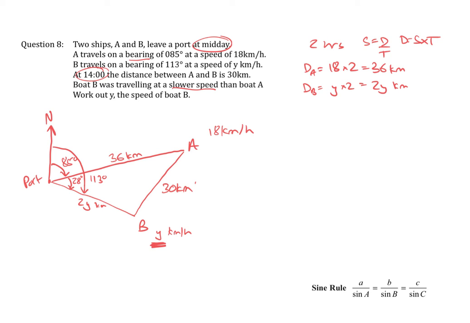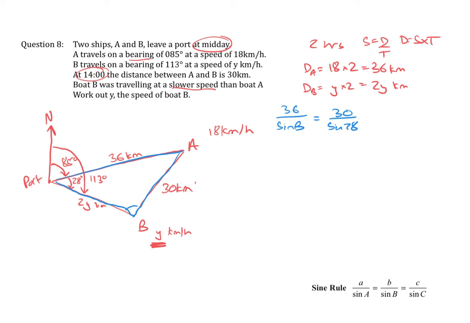So I'm going to work out angle B here. Using my sine rule, 36 over sine B is equal to 30 over sine of 28. That's using the matching pair here and the matching pair here, and just to highlight, that's for this triangle here.